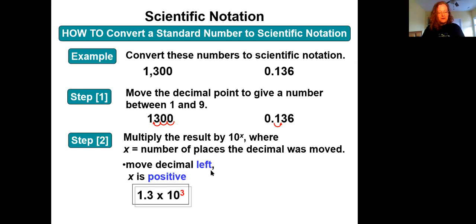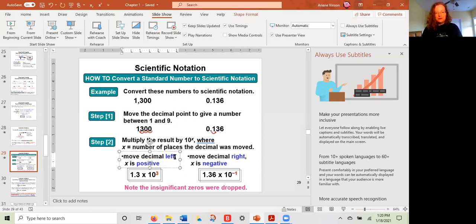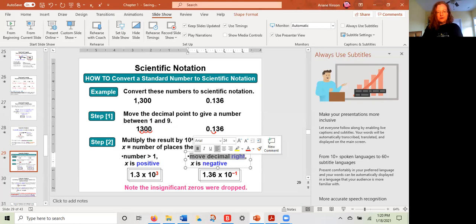This is what I'm talking about with where I change it from what the book said. If the number was greater than 1, then X will be positive. If the number was less than 1, then X is negative.